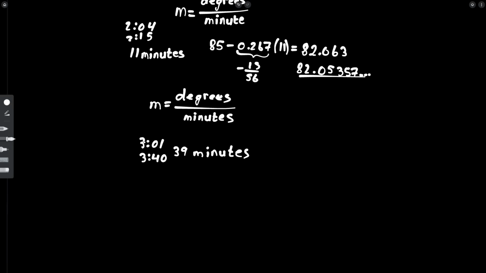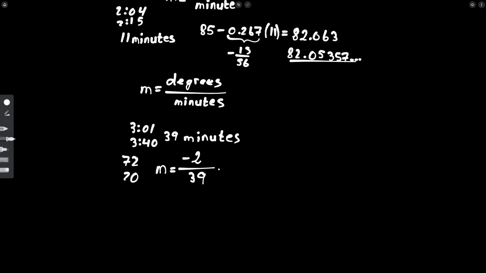And at 3:01 it was 72, and at 3:40 it was 70. So our change is a drop by 2, so that means we have negative 2 over 39 minutes. That gives us a final approximate answer of negative 0.051 degrees per minute.